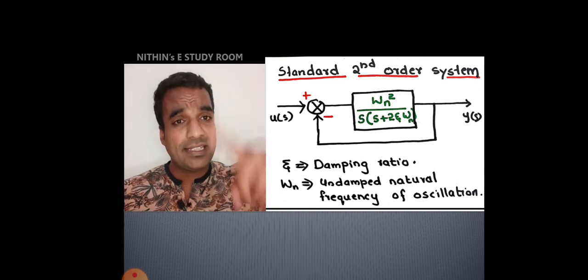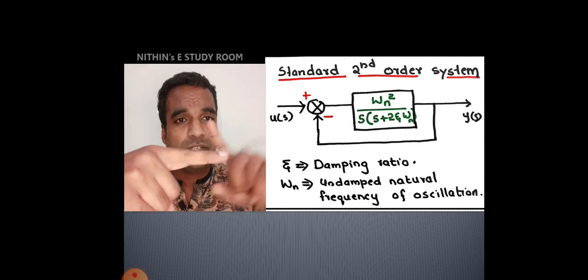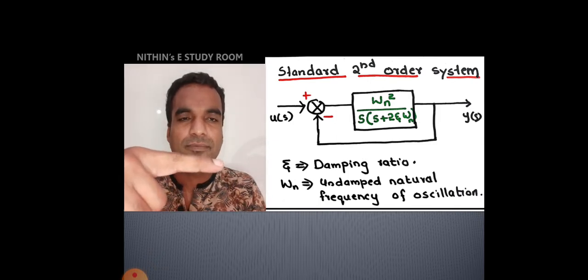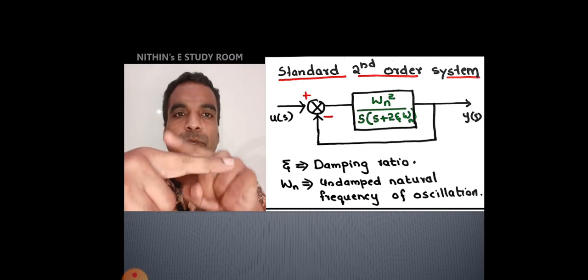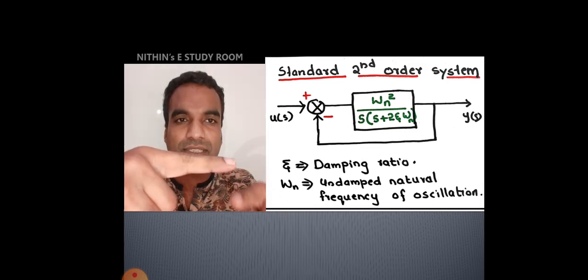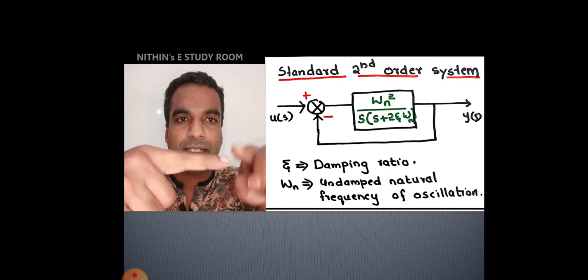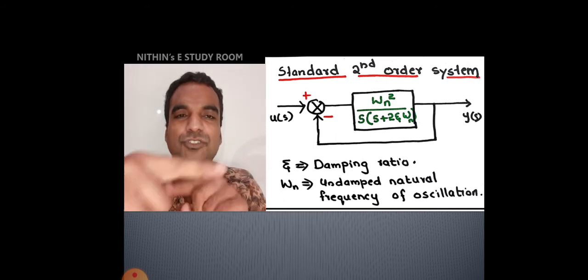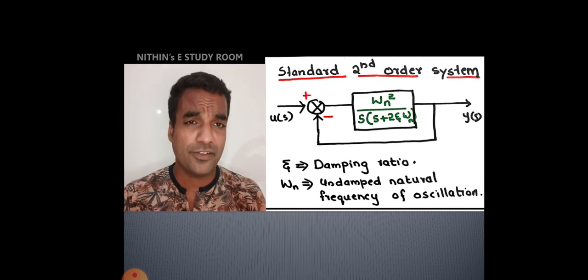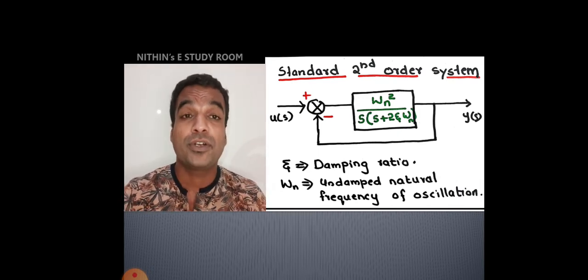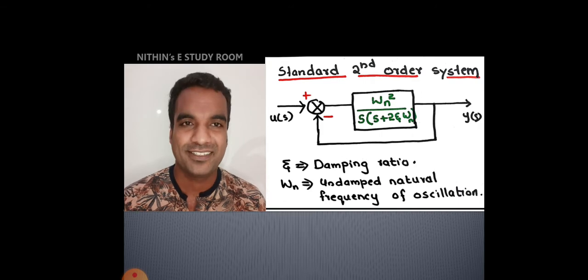It will always oscillate around the final value. If this is the final value, say it is 1 in the graph, a line at 1, your output will always be like a sine wave oscillating around the final value. It will never stop at the final value. That is the general behavior of a second order system if we are not providing any damping.